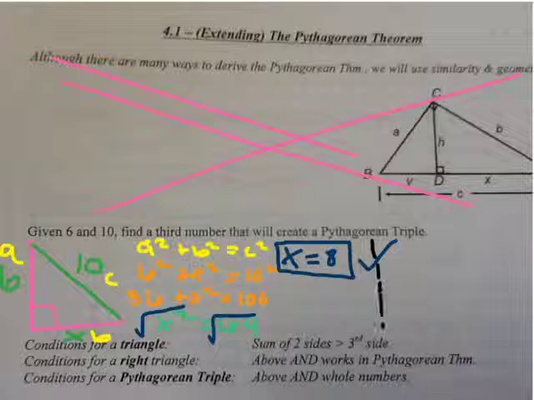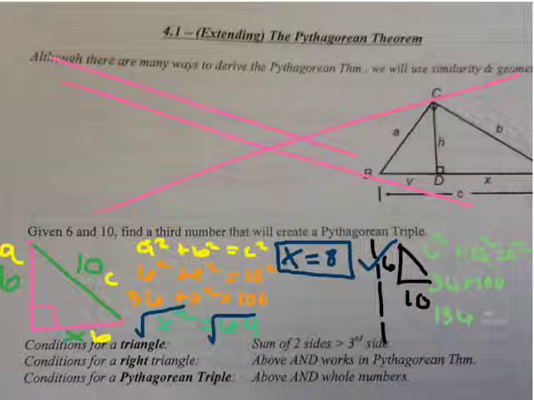Maybe you tried it a different way. Maybe in your right triangle, you made 10 a leg and 6 a leg. Well, if you went through and did the math, you did a squared plus b squared equals your hypotenuse squared. 6 squared is 36, 10 squared is 100. Well, you would get 136 equals c squared.